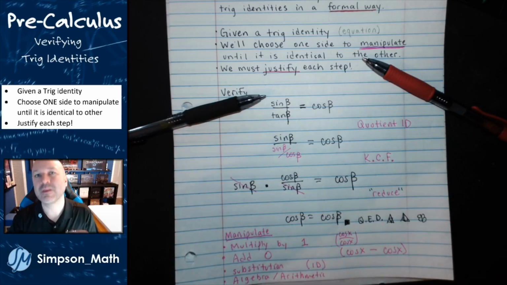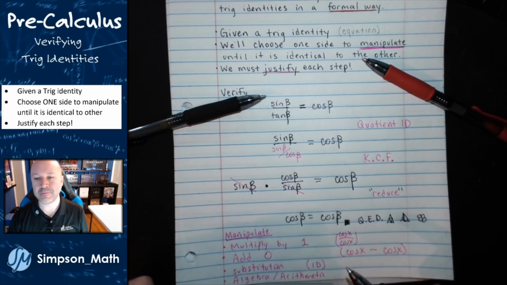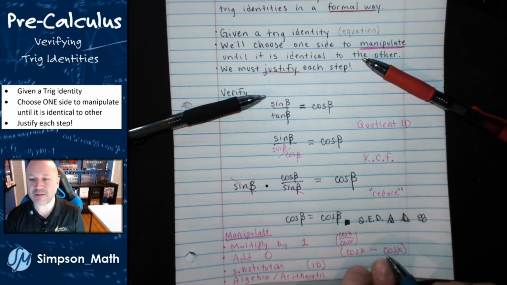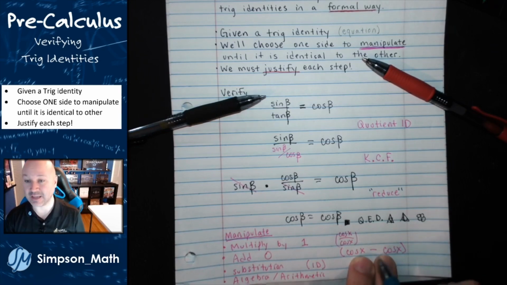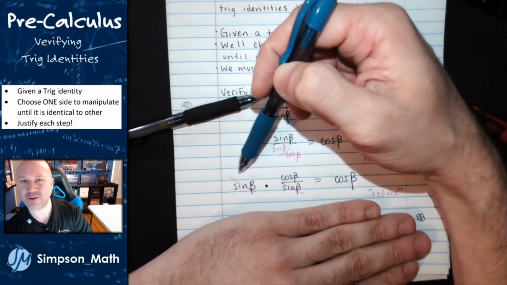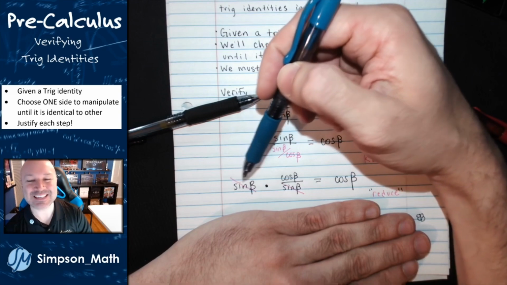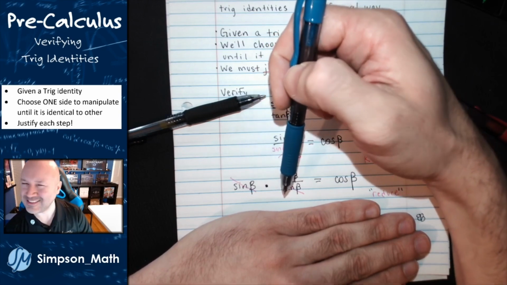What type of simplification did you use? Here I reduced or I divided. This, the cosine minus cosine, you could say add or subtract. This is canceling. So if you said the word cancel up here, that's also not quite right. Everyone says it. Everyone understands, yes, these sine betas are canceling.